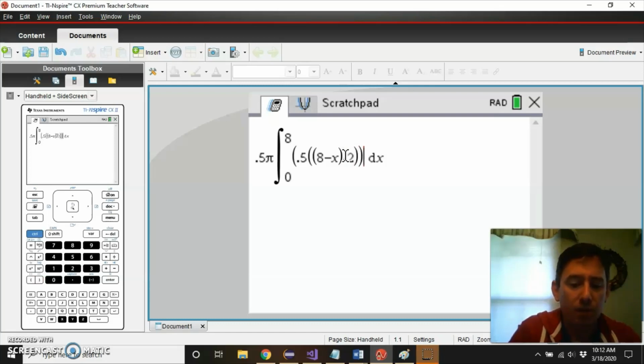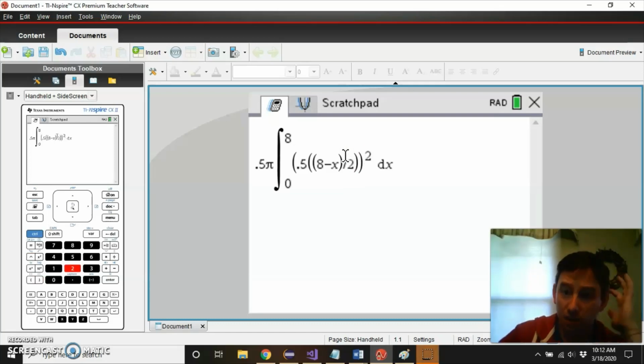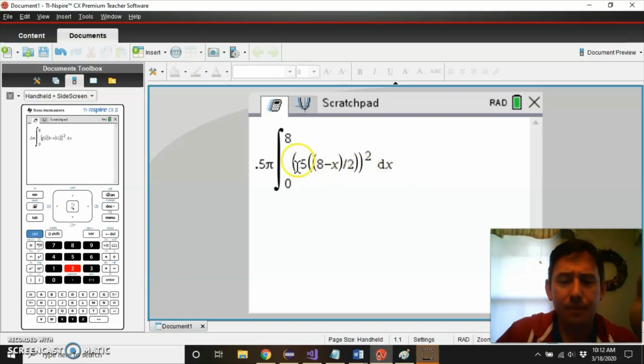All right, now that whole thing is the radius. So we have, just recapping this before I hit enter, here's the entire radius. 8 minus x over 2, we take half of that, that's our radius.